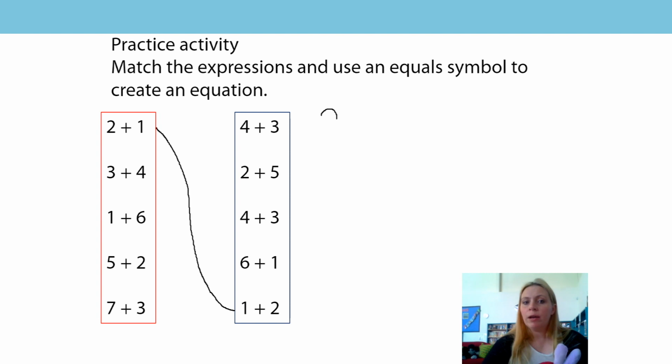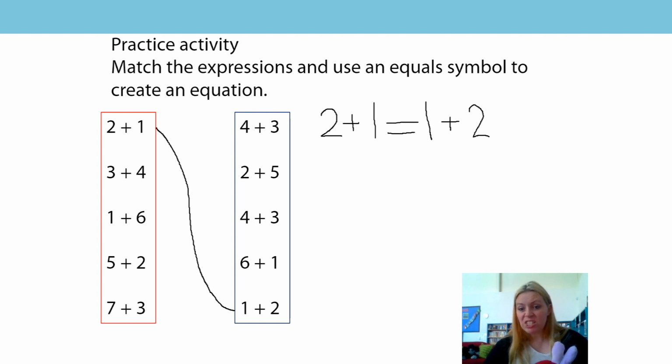So I'd like you to say 2 plus 1 is equal to, my nice equal symbol, it's equal to, yes, I matched it up to help me, 1 plus 2. So our addends have changed places, but the sum has remained the same. We just didn't write the sum, did we? We wrote our equation of 2 plus 1 is equal to 1 plus 2.